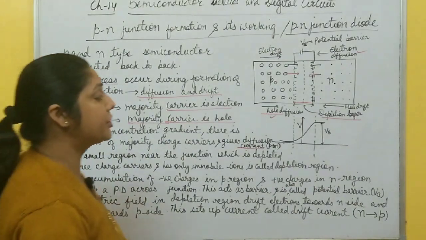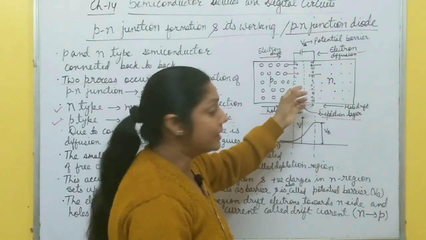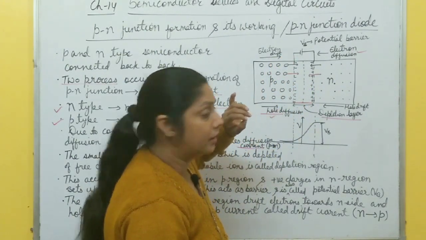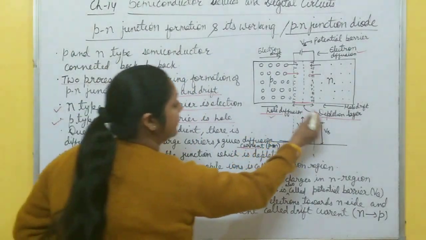Why is it called depletion? Because it is depleted of majority charge carriers. It has only immobile charges which are not responsible for conduction, right? That's why it is called the depletion layer.